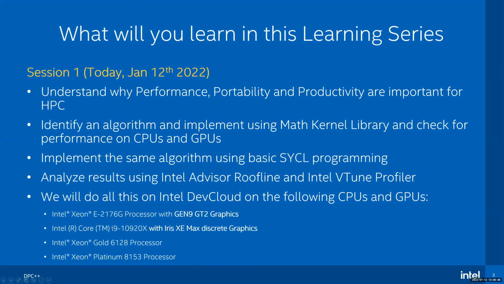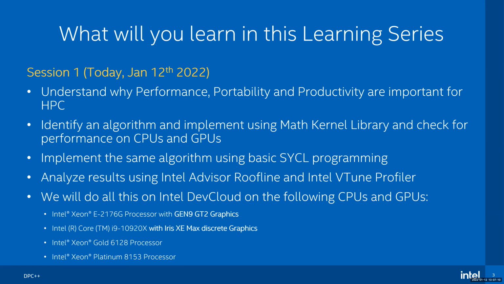these different hardware. Mainly the hardware that we will be using: we have two GPUs, the Gen 9 integrated GPU, and then the Iris Xe Max discrete GPU, and then we have two different Xeon processors.